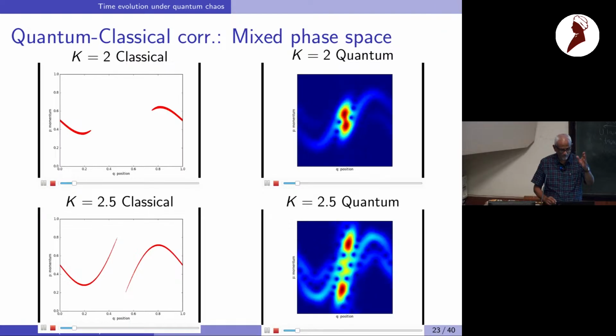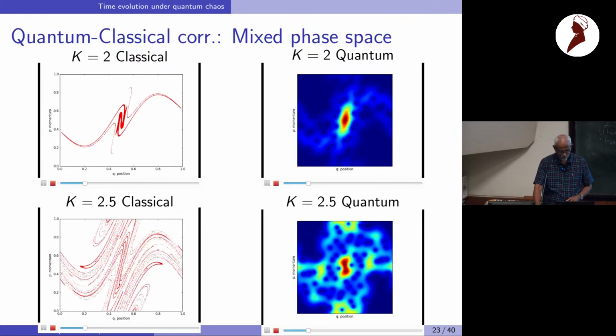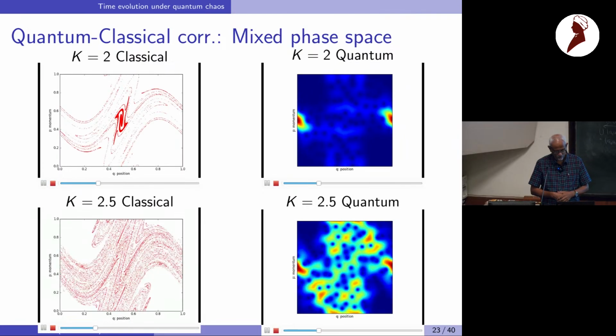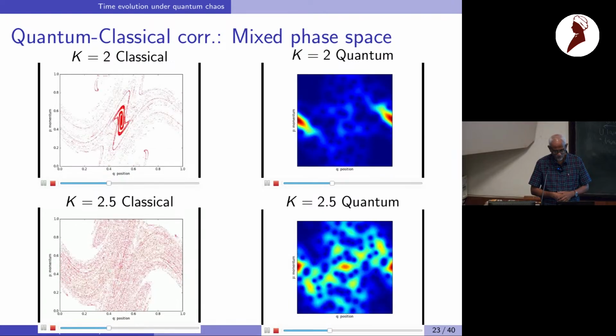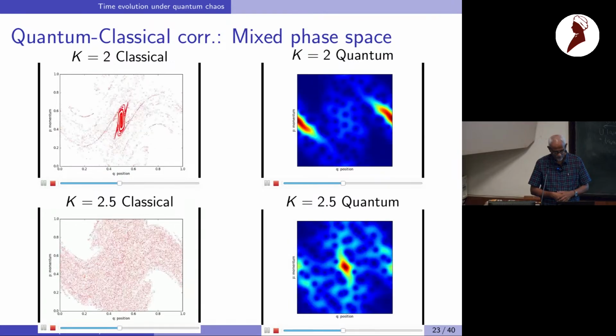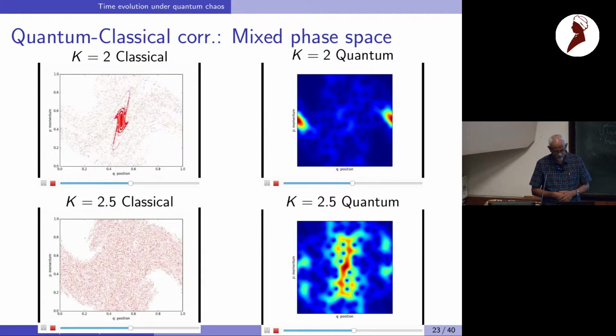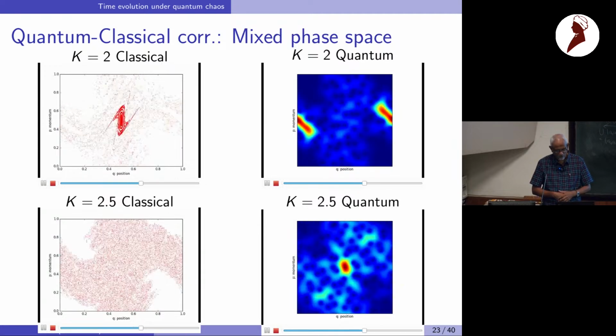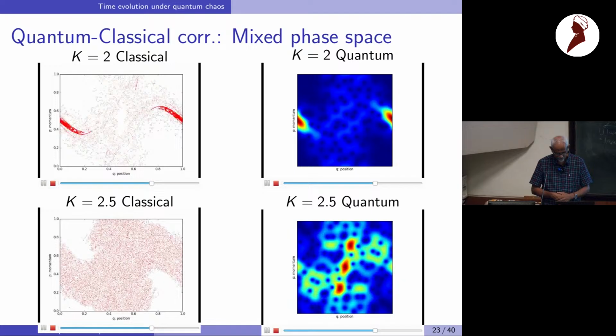Oh, by the way, I have an intermediate case. This is 2.5. I'm starting from a period 2, and so you can see the classical and, okay, 2 and 2.5 I have.